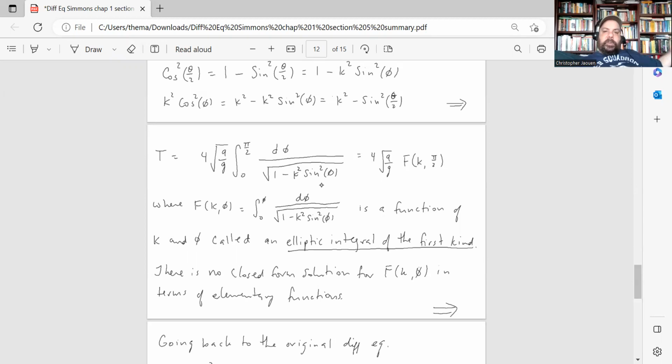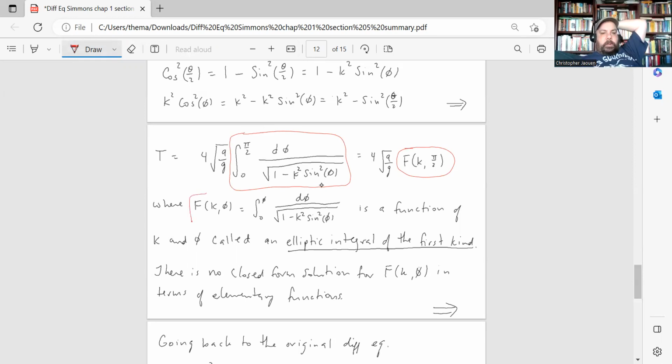And this integral here, this is why we wanted to do all this. This integral here is an elliptic integral of the first kind, which is denoted like this: F of k, pi over 2. So it's a function of k, the value of k, and the upper angle is pi over 2.